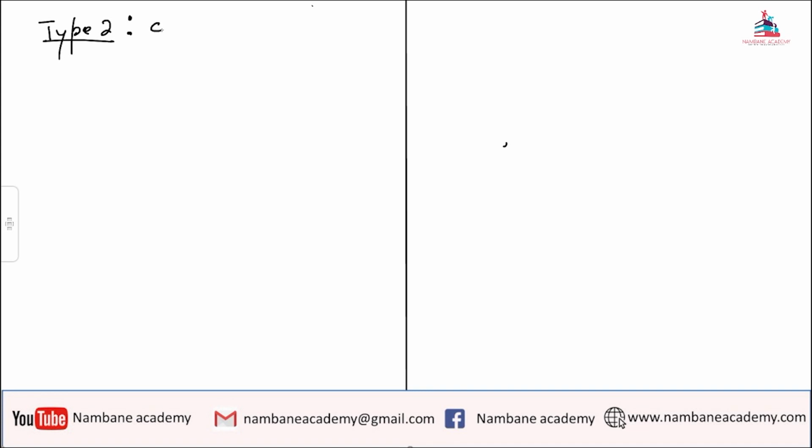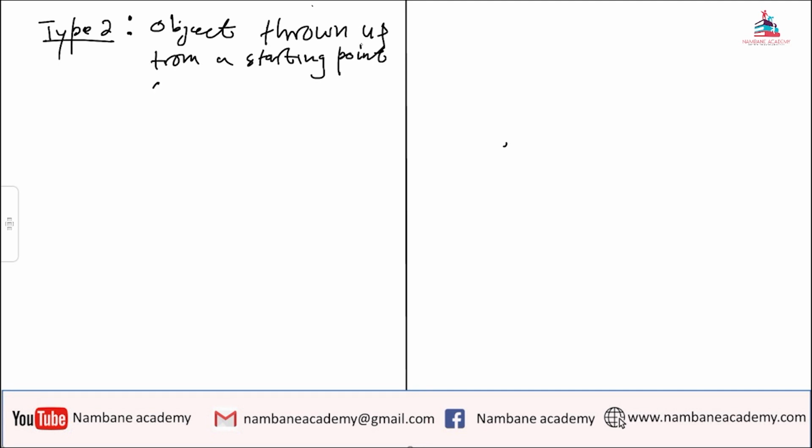Type 2 problem is an object thrown up from a starting point, and caught at the same point. That is where I want us to go. We will incorporate everything as we move. Ladies and gentlemen, this science is very simple.